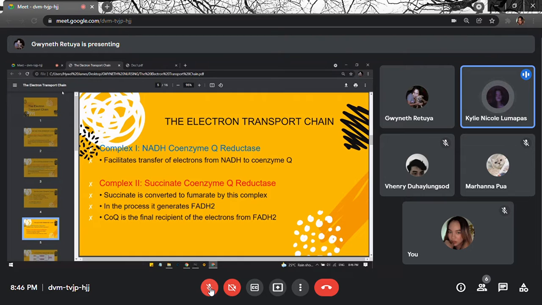NAD is a coenzyme central to metabolism. The flavin mononucleotide or FMN here is a biomolecule produced from riboflavin, and the 8 iron sulfur clusters act as cofactors. So next, let's see the process of complex 1.